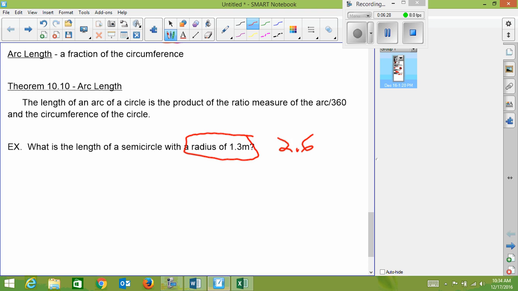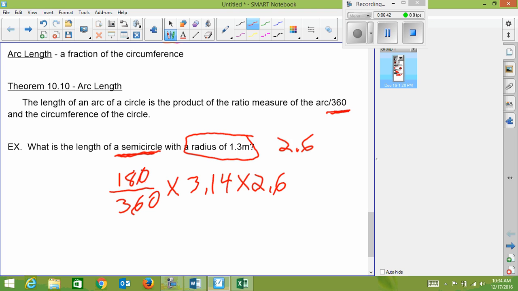So it says the length of a semicircle. So a semicircle is 180 degrees, and then you put it over this 360, and you take that times the circumference. So times pi times my diameter, and we could easily reduce that to 1/2 and make it easier on ourselves.